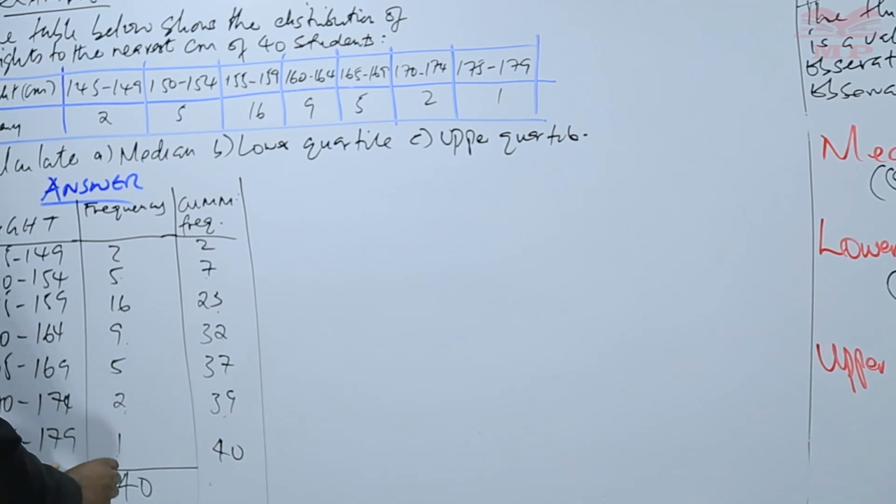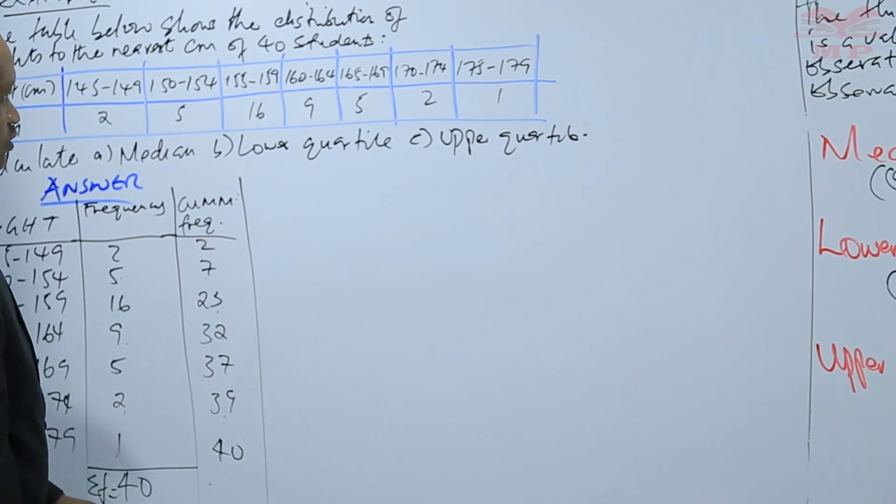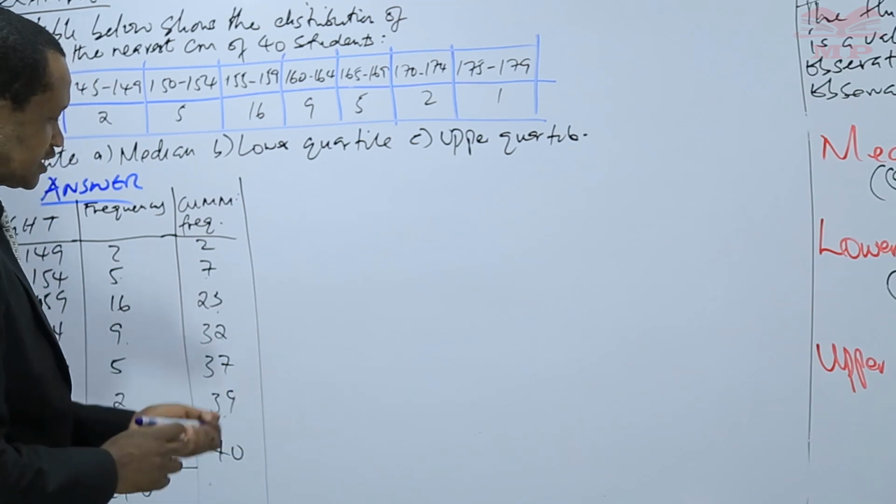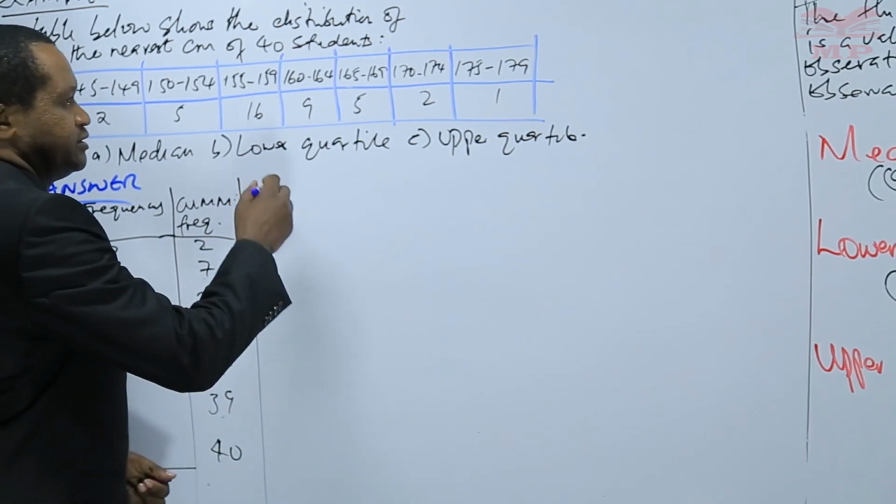So the total frequency is 40. So let's first calculate the median.